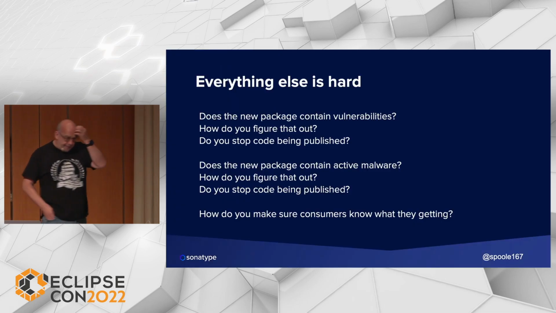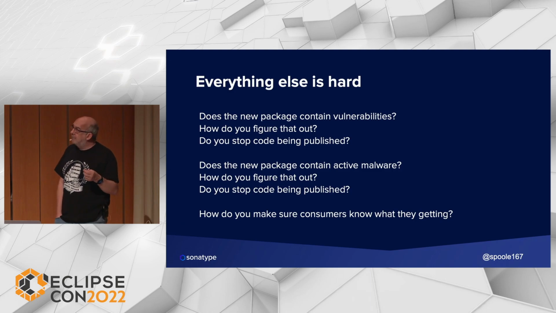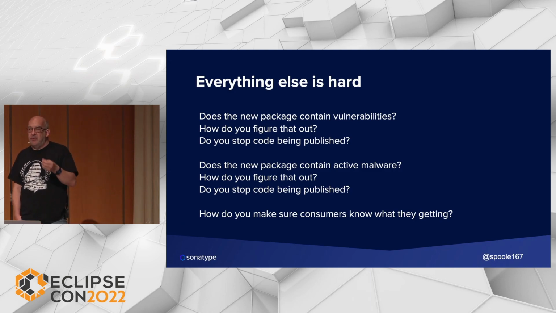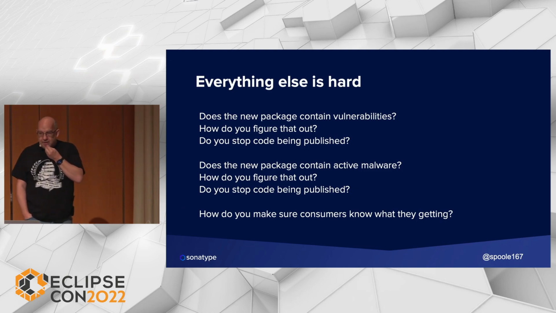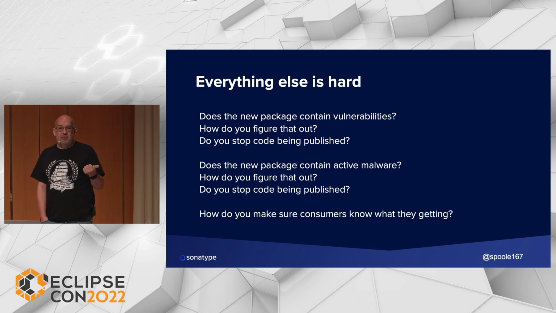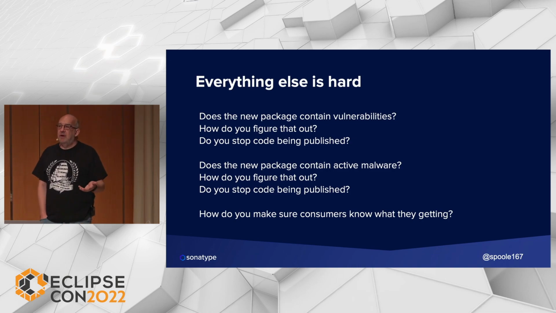But the rest of how do we keep you safe, how do we make sure that the code that you download is as safe as we can make it, well, it gets really hard. Because does the package contain vulnerabilities? Well, you probably don't even think about it. You probably go down and download it, and you may have an enterprise system that will or may not prevent you using it, but you tend to just download it. You find the coordinates, download, right?